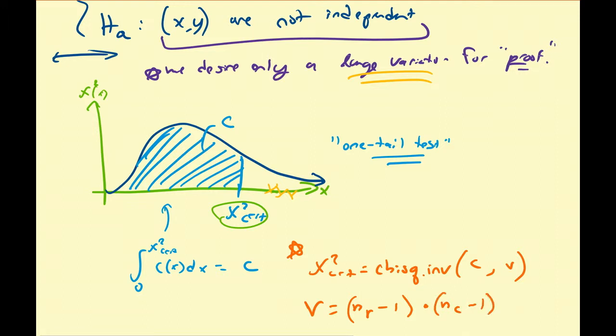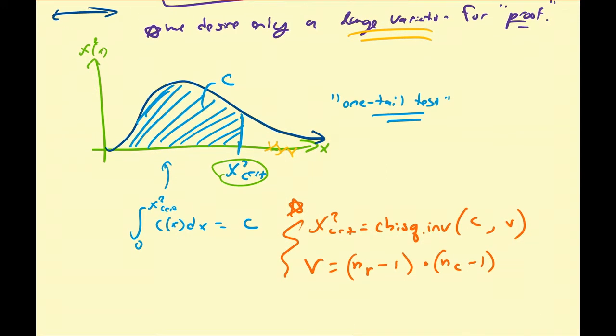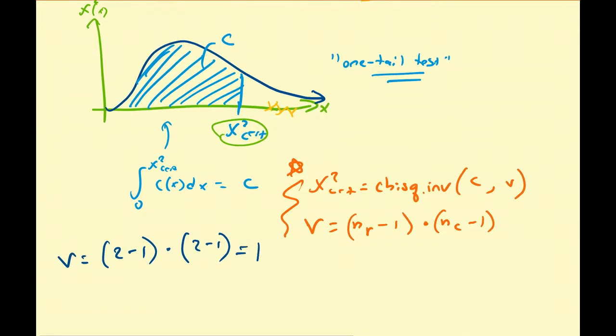This is always going to be true. Since we have two genders of interest here, and two columns, because we have either smoking or non-smoking, the degrees of freedom for our case is going to be 1. And if we choose a level of confidence to be equal to, let's say, 0.98, so we're going to build a 98% confidence interval, then from these two things you're going to find out that the critical value associated to this type of test is approximately equal to 5.41189.